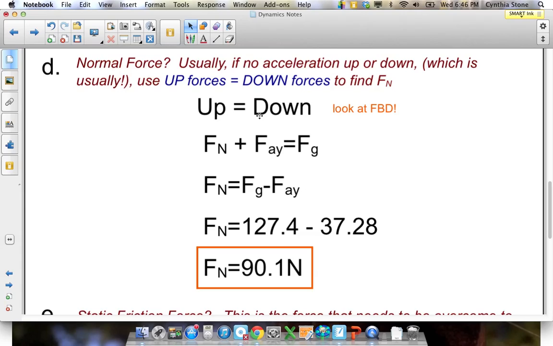There's no up or down, it's not moving up or down, so therefore the net force is 0. So whatever's in the up on your free body diagram has to equal whatever's on your down. So my up forces are normal and FAY, and my down is gravity, so I can solve for normal that way. Okay? Just plug in the numbers and get 90 newtons.